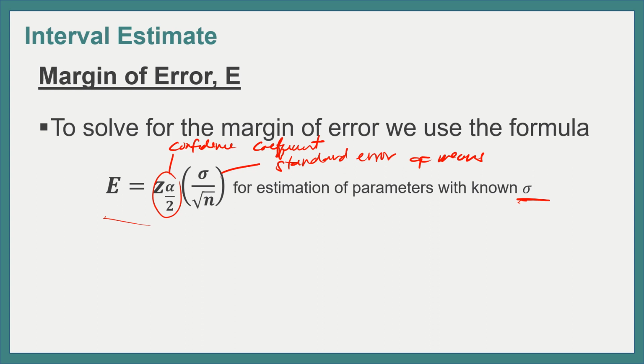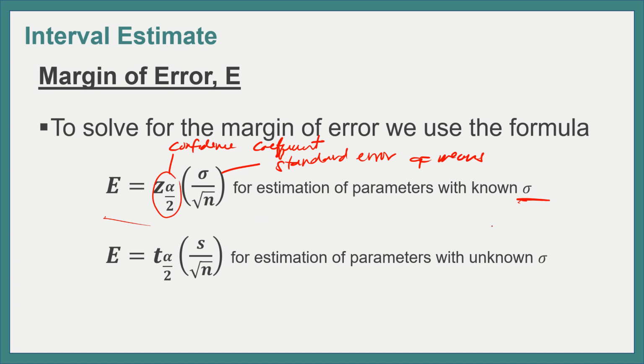But if, for example, we do not know the value of the population standard deviation, then we can use the value of our sample standard deviation to get the standard error of the mean. Here, the critical value for this situation is determined by our t statistic.